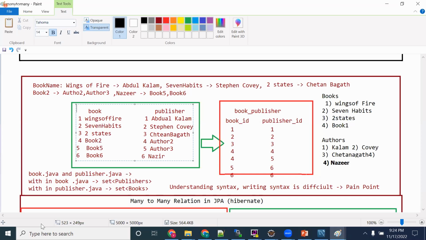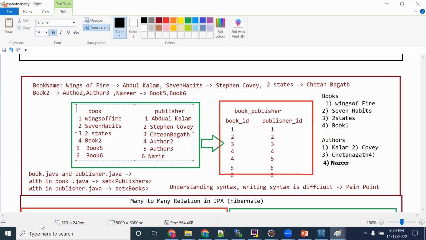I need to take the data in multiple tables. So book underscore ID plus publisher underscore ID is a composite primary key. Understand? Book underscore ID as well as publisher underscore ID, typically a composite primary key.